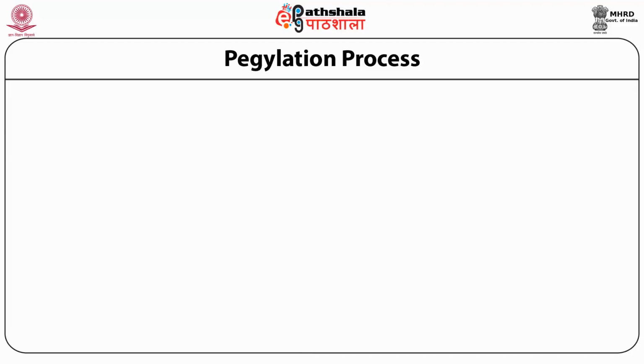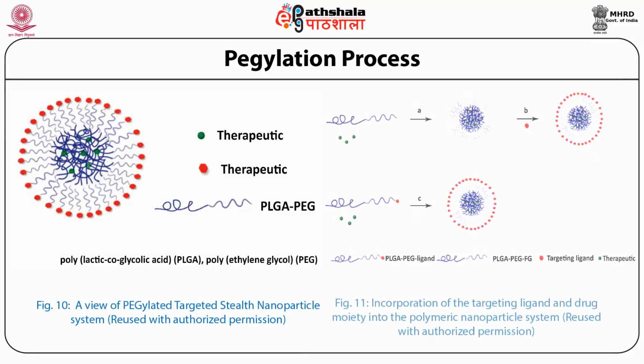As you can see in figures 10 and 11, there is a functionalized polymer, which has a targeting ligand in the form of red dots, and the green dot shows the therapeutic drug, and the chains are the PLGA and PEG polymeric chains.